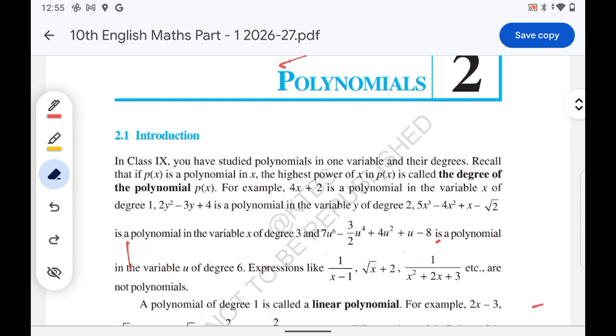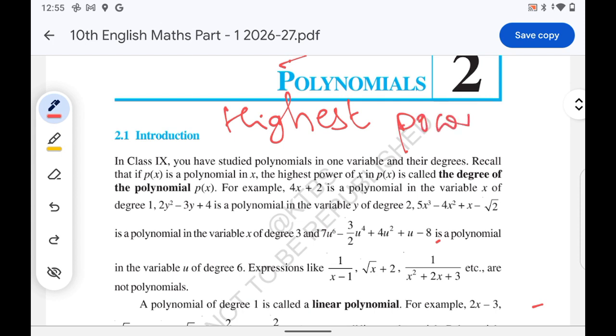As I said, degree of a polynomial means the highest power of x. If the variable is x, you have to say highest power of x. If the variable is y, you have to say highest power of y in p of x.